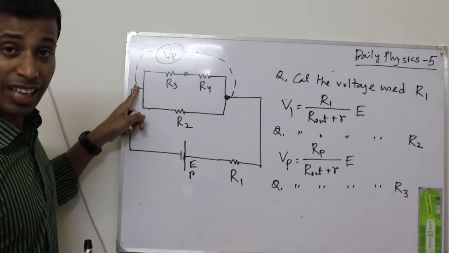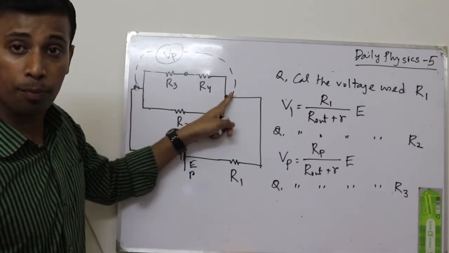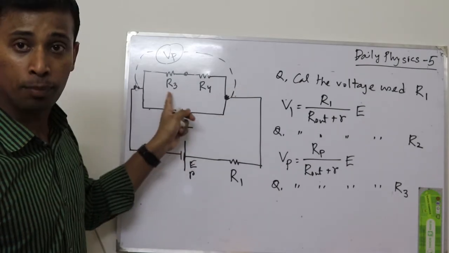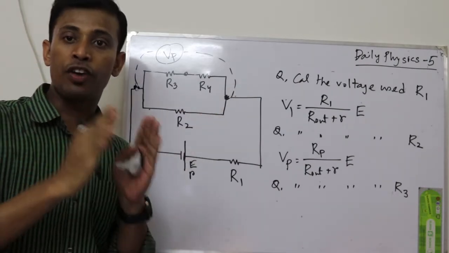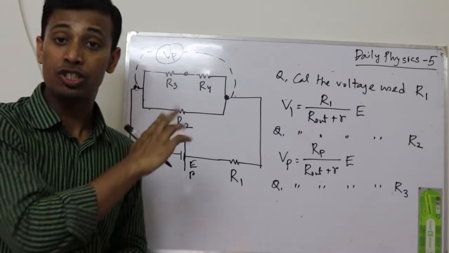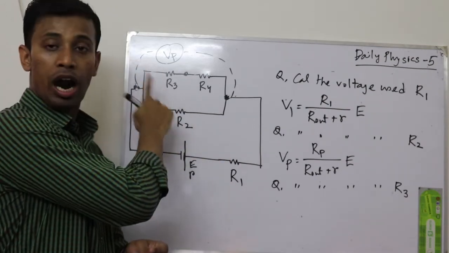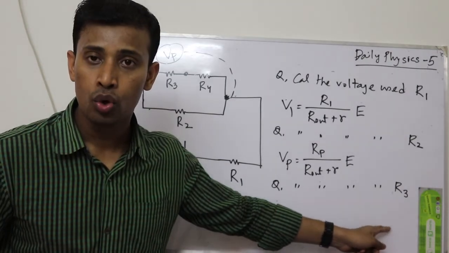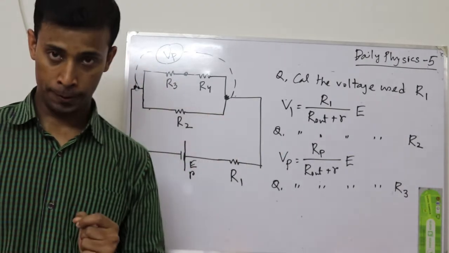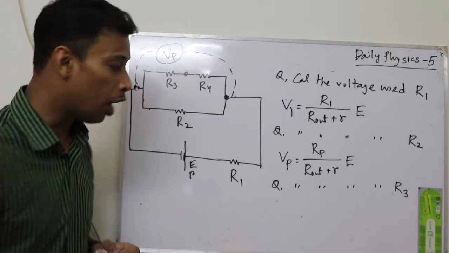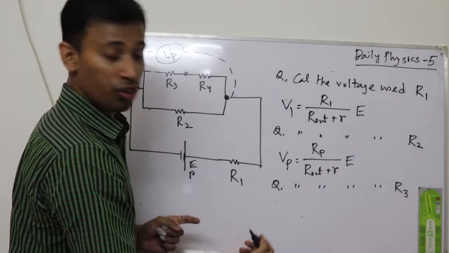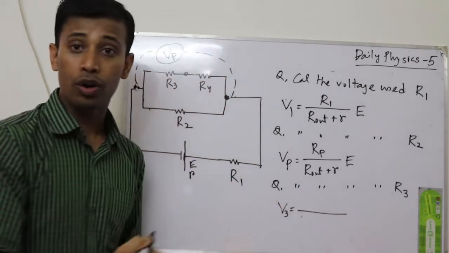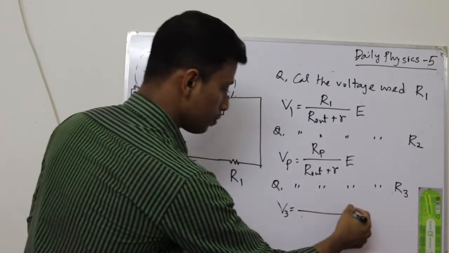We know the starting point of Vp is here, the ending point of Vp is here. Between these 2 points, at the top line, we have 2 resistors. So Vp will be divided between these 2, R3 and R4. So to get the voltage used by R3, we have to divide Vp. How? The voltage used by R3 is V3. So we have to go for the Vp divide law, right?